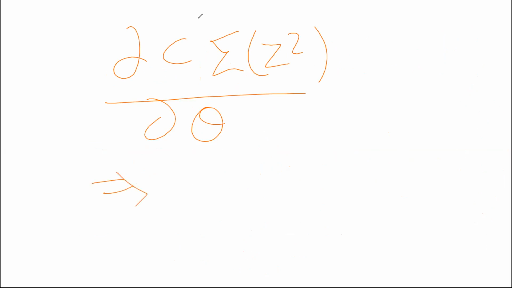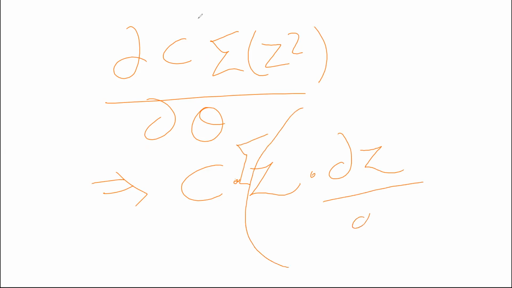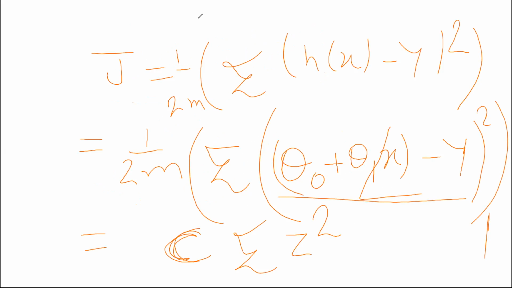Your c will come out because this is the constant value. Then the summation will be as it is, and because z is squared, one z will come outside, and it will be the derivative of z upon d theta under the whole summation. Here z is just instead of writing this complete expression, we are using z.